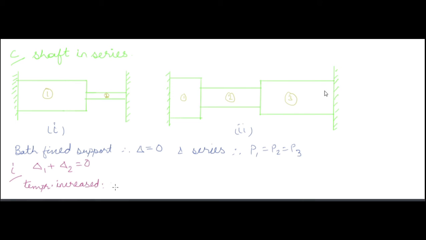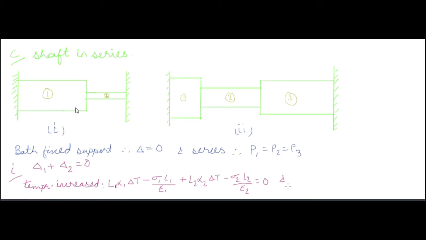Now the first case, delta is equal to 0, which means delta L1 plus delta L2 is equal to 0. When temperature is increased, L alpha 1 delta T minus sigma 1 L1 by E1 plus L alpha 2 delta T minus sigma 2 L2 by E2 is equal to 0. In both, compressive force is acting because temperature is increasing and they are not allowed to expand.